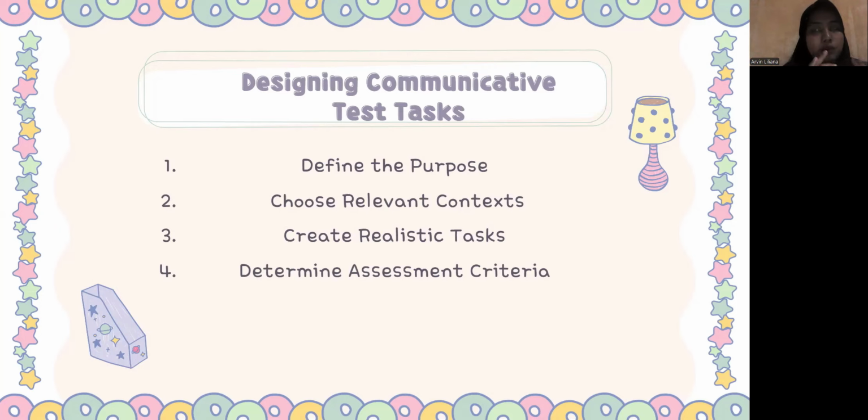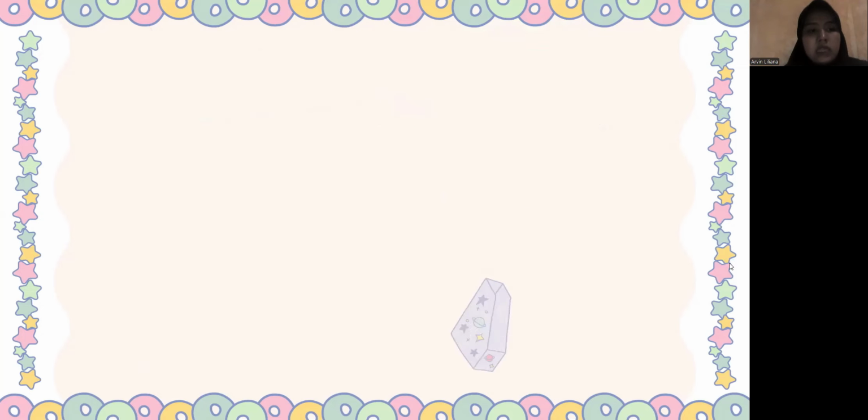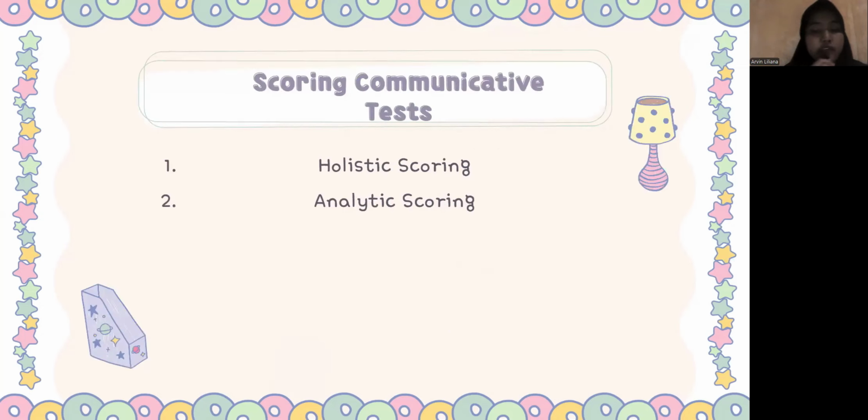It's important to set clear criteria for evaluating student performance in completing the task. For example, will the test focus on fluency, accuracy, or appropriateness in communication?